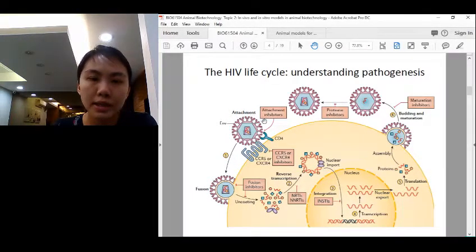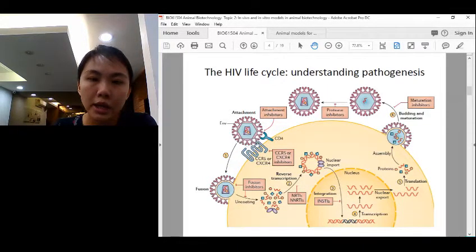As you can see, they have a viral envelope here with protein spikes, and these are attaching to the immune cell receptors, which consist of CD4, CCR5, or CXCR4.